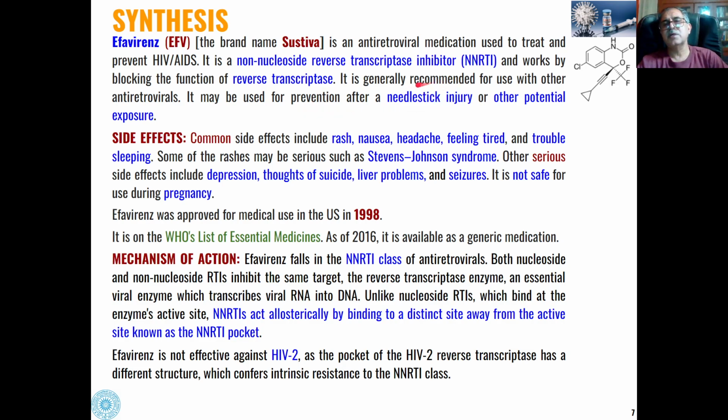And this is also recommended as an antiretroviral medication, that is, in combination with other antiviral agents. This is used to prevent needle stick injury or other potential exposure to HIV disease.